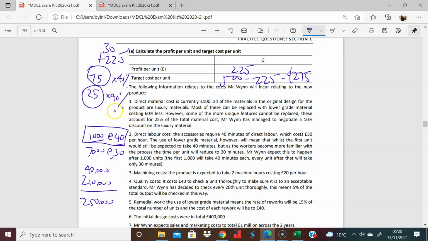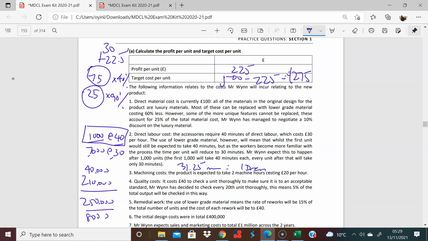So I guess the question is, how long on average does it take to make one dress? So I'm going to divide that by 8,000. So 250,000 divided by 8,000 is 31.25 minutes. So 31.25 minutes to make one dress.